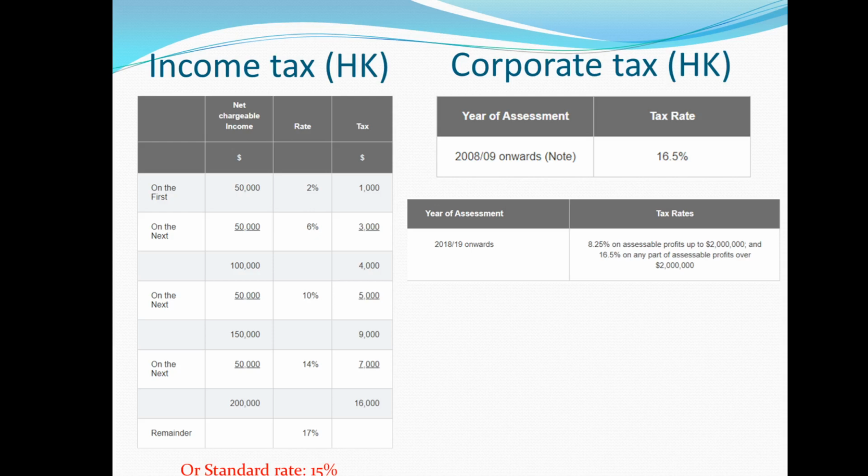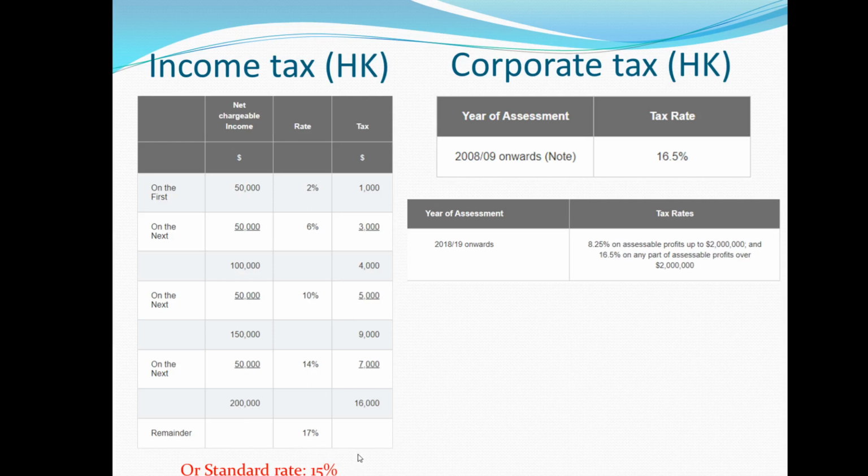That's a very good answer, Cheryl. If you don't earn that much, the progressive one will give you a lower tax expense, because you're just paying 2%, 6%, 10%, 14%, until you are over that amount, and then you pay the 17%.